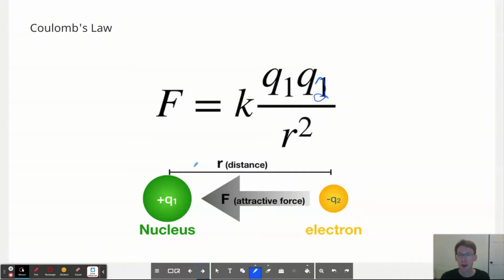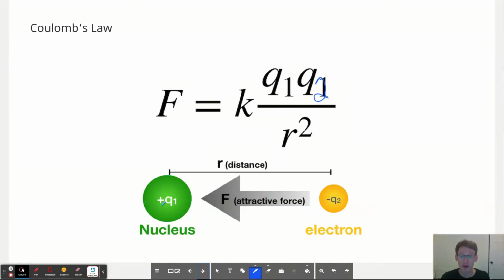Law. And Coulomb's Law is just the law that explains the attraction of a positively charged particle and a negatively charged particle. So if we have, say, in the atom, a nucleus that's positive and an electron that's negative, there will be some force attracting them, and that is proportional to the magnitude of the charge of the nucleus times the charge of the electron, which always is -1, divided by the distance separating them squared.